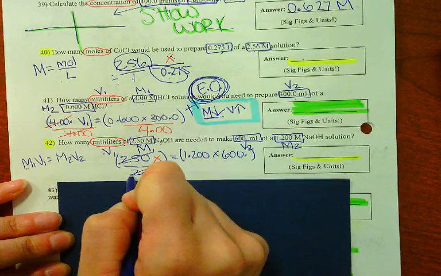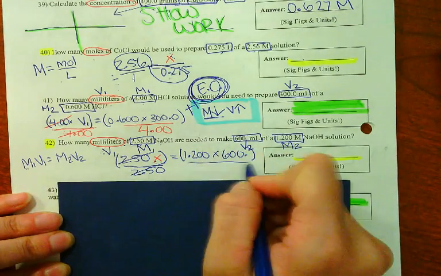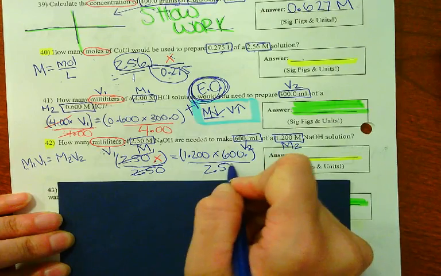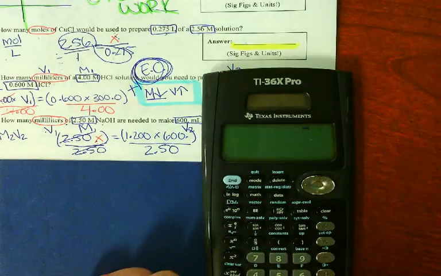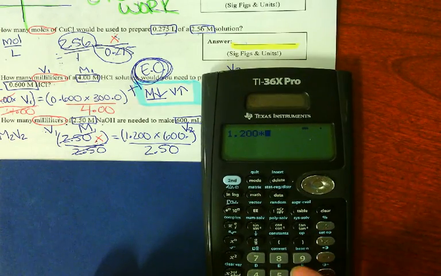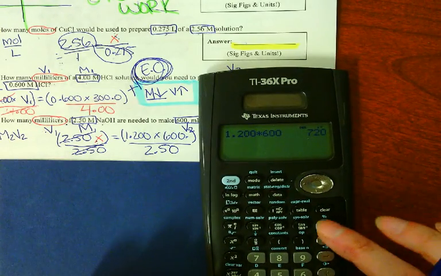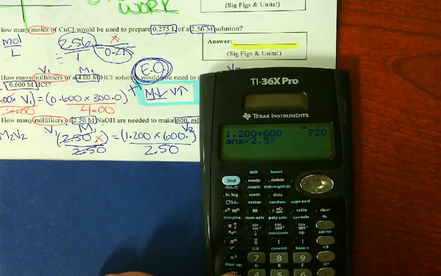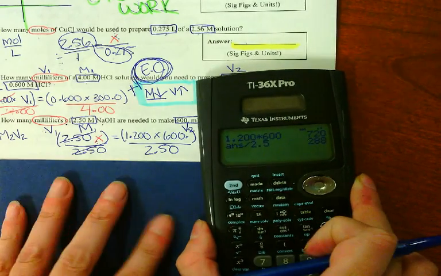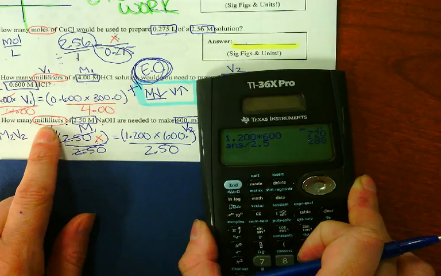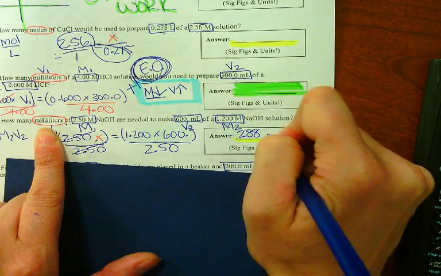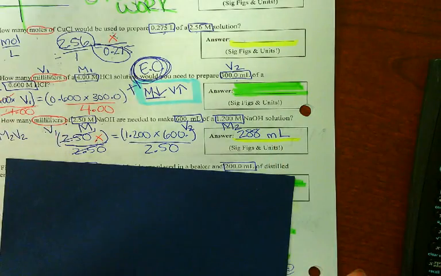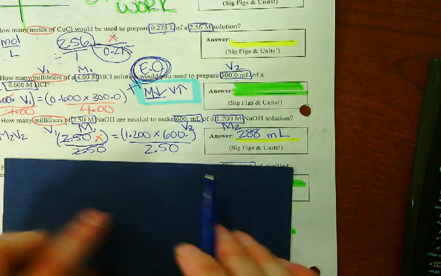That will make it go away. So now it will just be X on this side. And then I do the same procedure over here. So we can go 1.200 times 600 divided by 2.5 equals 288. And the unit, it says milliliters. So 288 milliliters.